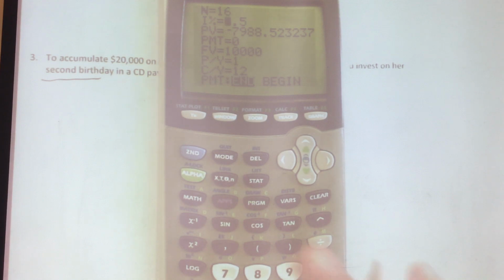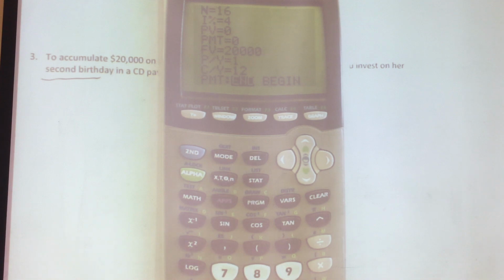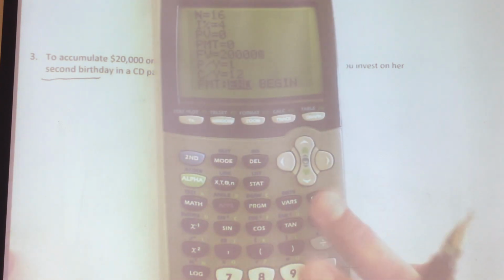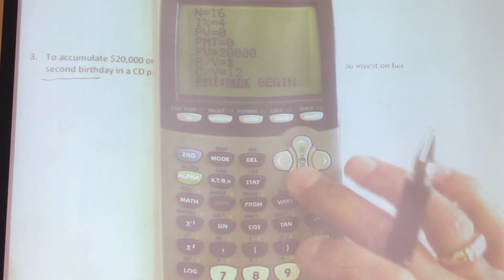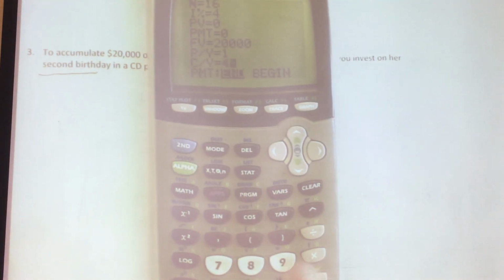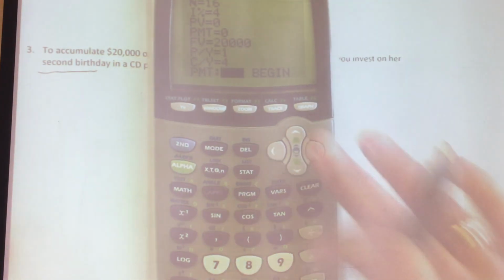I is your interest, which is 4%. PV is 0. You don't have payments. Future value is 20,000, which is what you want to accumulate. P/Y is 1. And C/Y is compounded quarterly, which is 4.